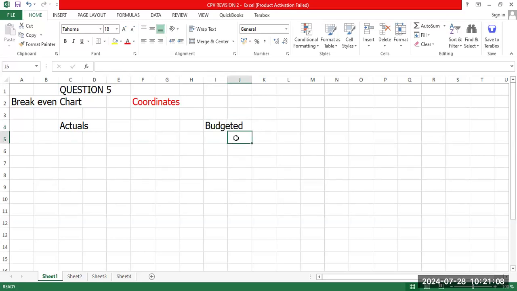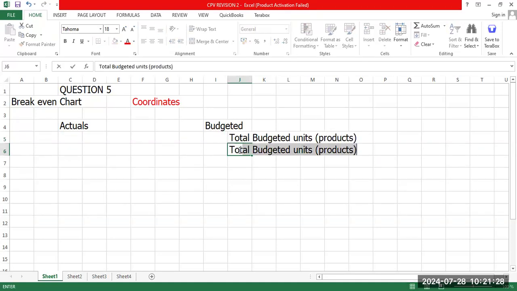We are interested in units, total units. That is number one. Total budgeted units. Maybe it can also be products, depending on how they have phrased the question. Do you need total costs? Total budgeted costs, that is total variable costs.